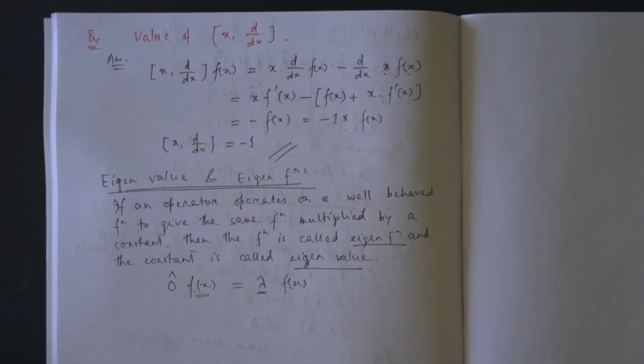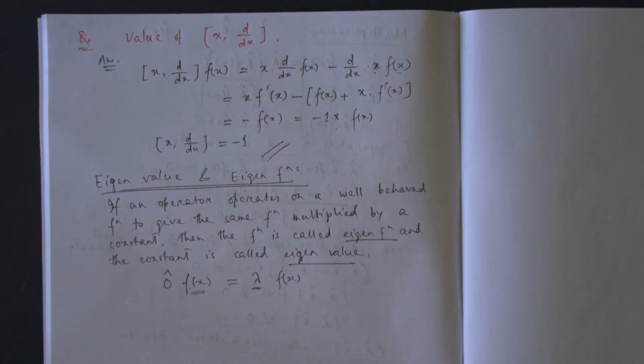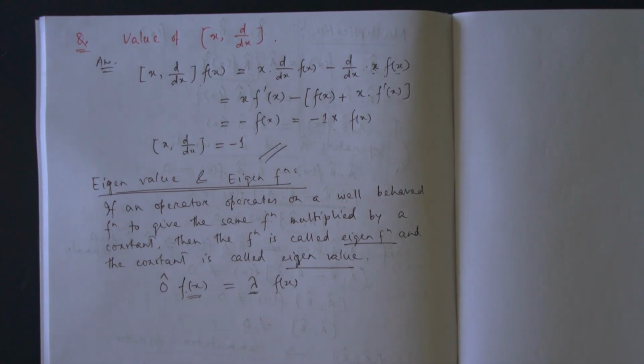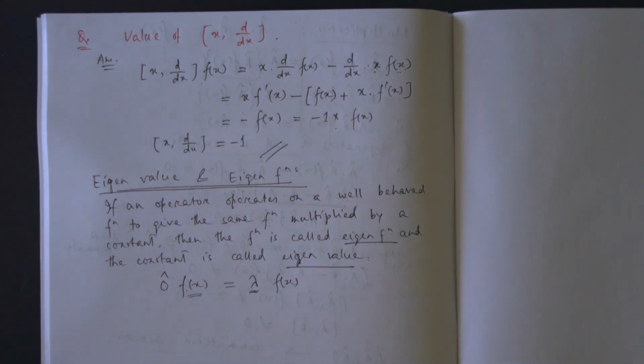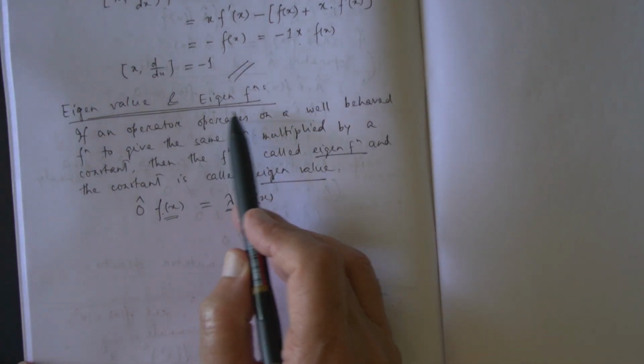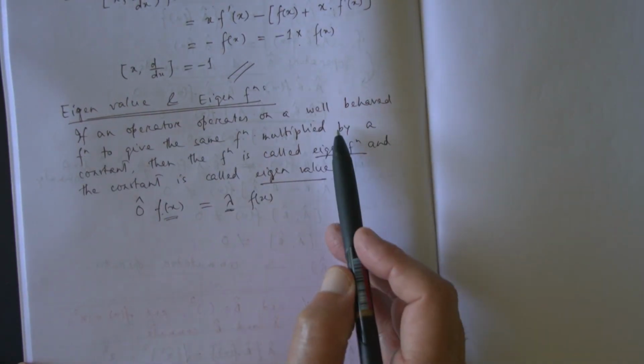So we have discussed eigenvalue and eigenfunctions. Now let us see one or two examples. So what is eigenvalue and eigenfunction? We have already discussed.